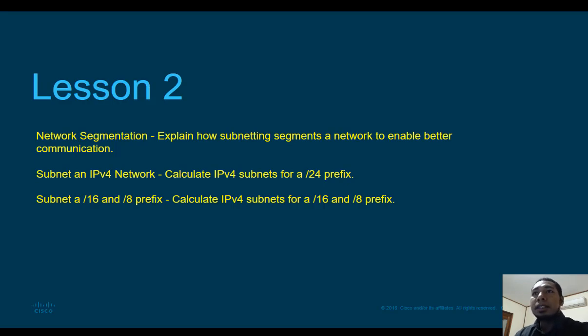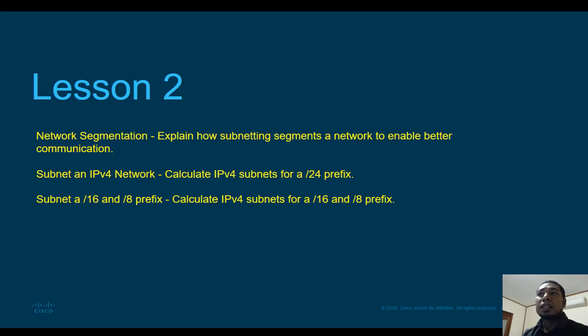So basically, in those last two topics of lesson 2, we are looking at subnetting in boundaries based on class C, class B, and class A addresses. If you look at /24, that's the class C default subnet mask. When you look at /16, that's the default class B subnet mask.